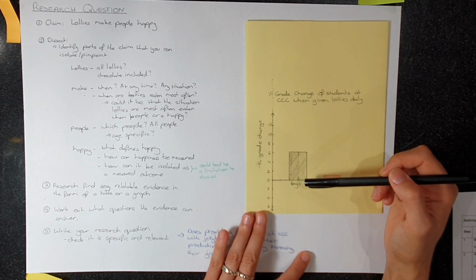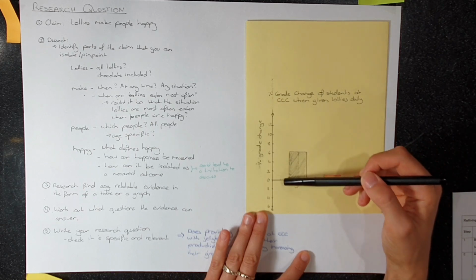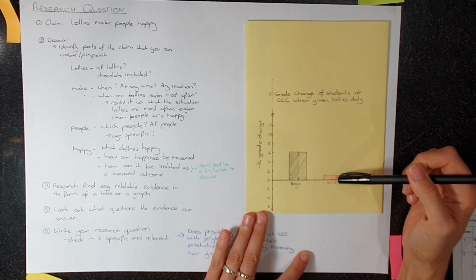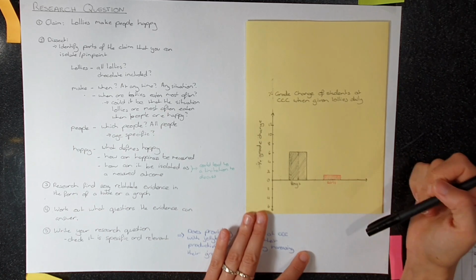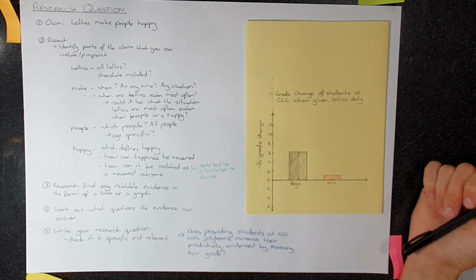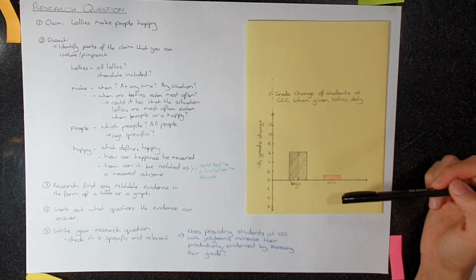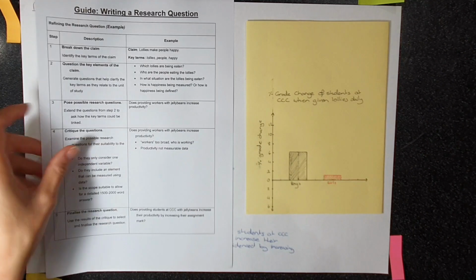So on average, when boys were given lollies daily, their percentage grade increased by 6%. On average, when girls were given lollies daily, their percentage grade change increased, but it was only by 1%. So this here has given us a way of measuring the productivity that we talked about before.